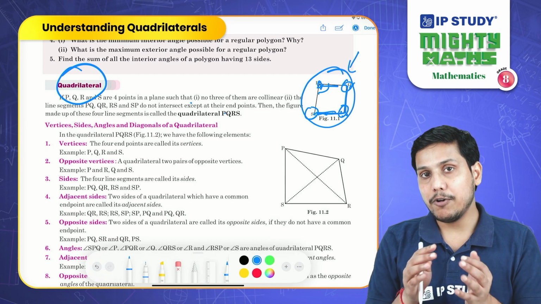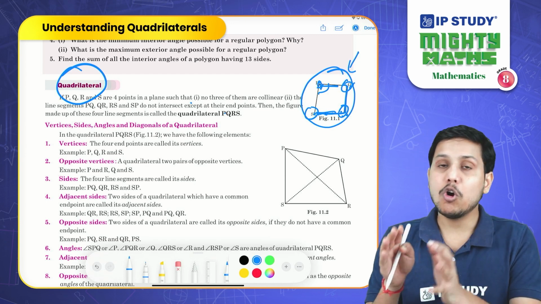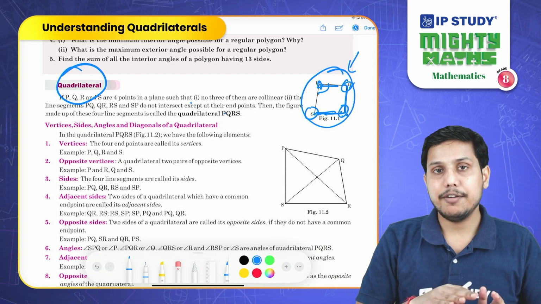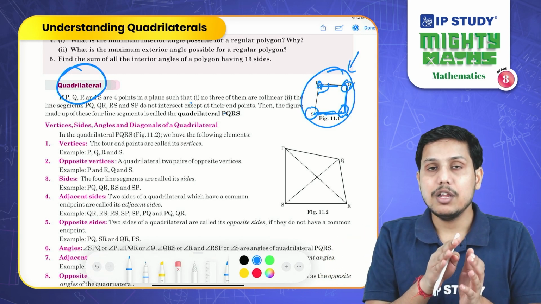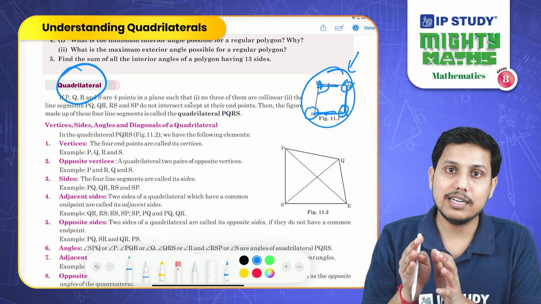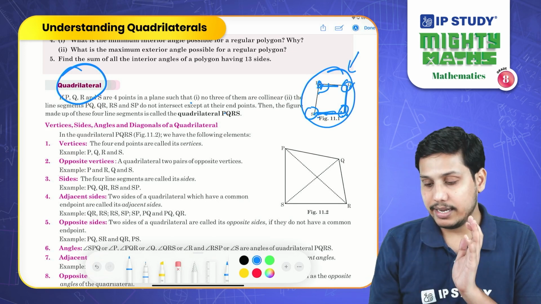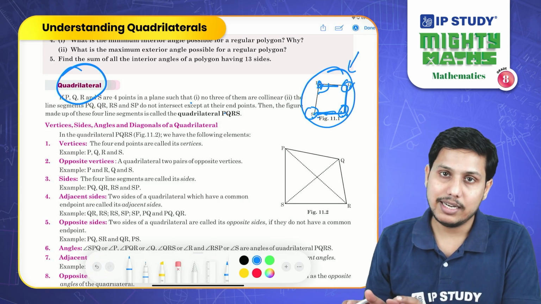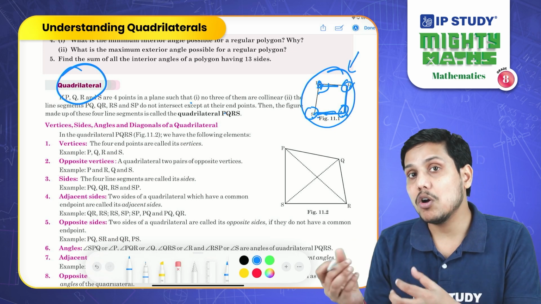So for opposite sides we need a non-common vertex between them, and for adjacent sides we need a common vertex between them. Similarly for angles, if 2 angles are to be adjacent, then they must share a common side. Like S and R are adjacent angles, so they have a common side or common line segment.